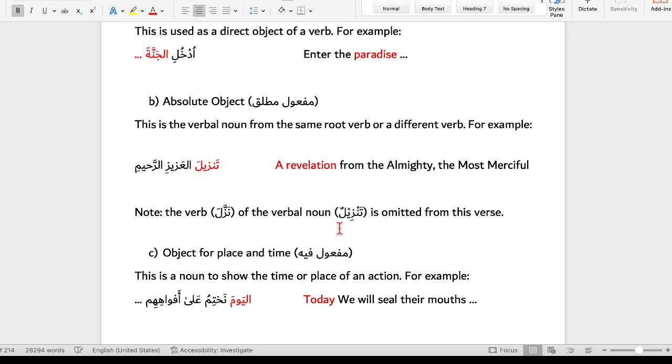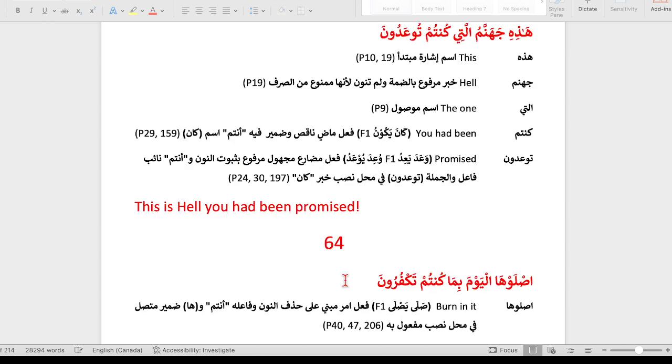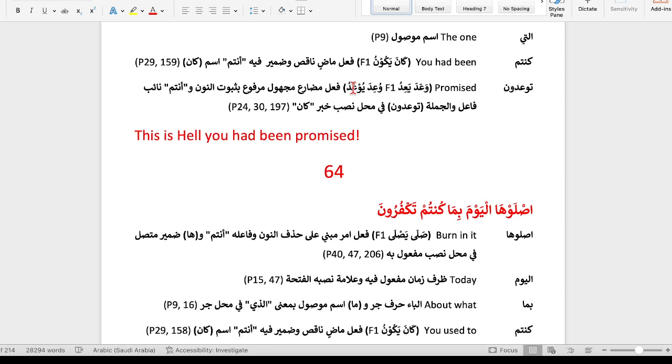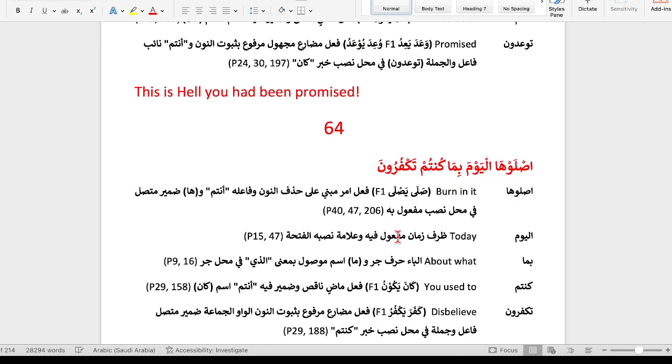So this shows the time or place of action. So al-yawma is maf'ul fihi, wa alamatu nasbihi al-fatha, and zarf and maf'ul are mansub. So this fatha sign means that it is maf'ul.